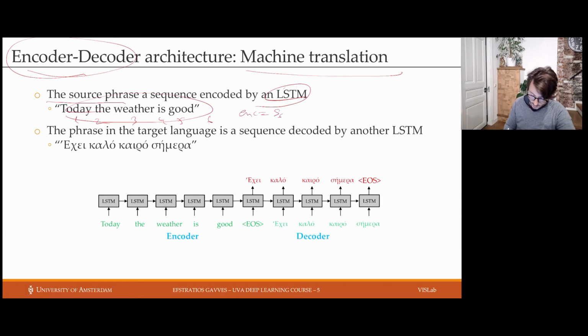And then we take this 6th state, which is computed at this location, right?